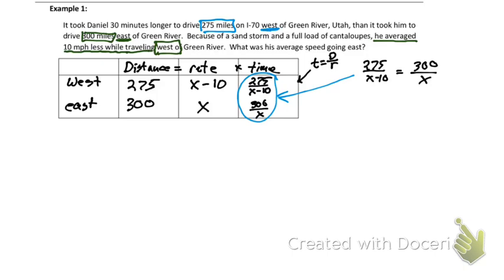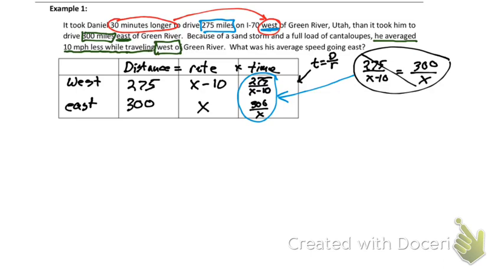It directly says the times are not equal. It says right here, it took Daniel 30 minutes longer to drive west. So these cannot be equal. That is not true.